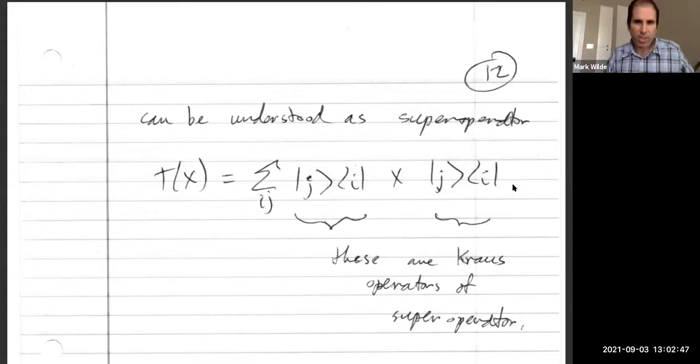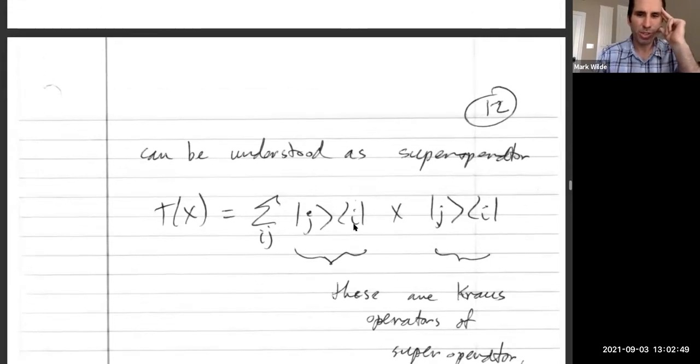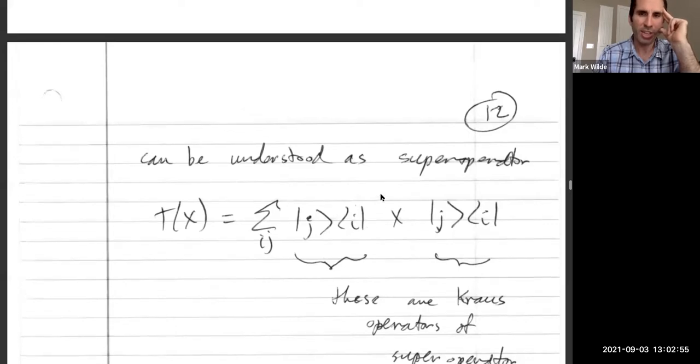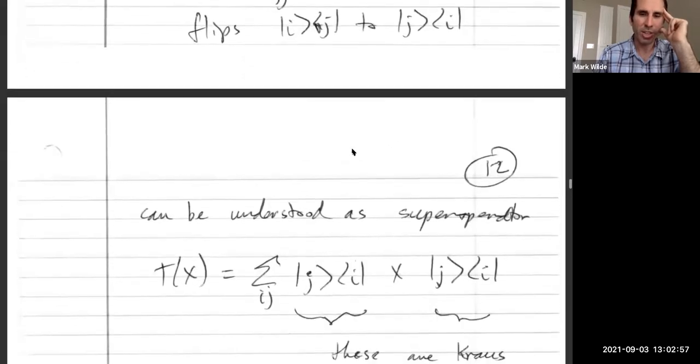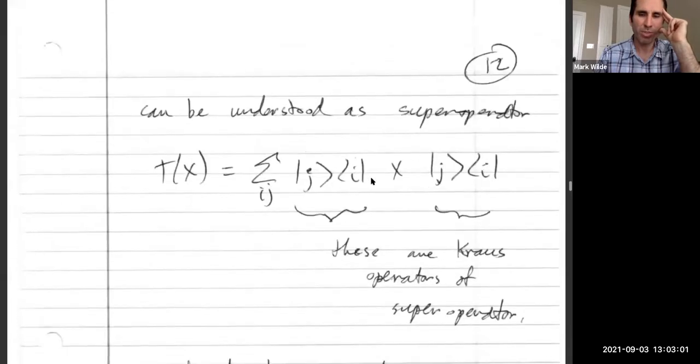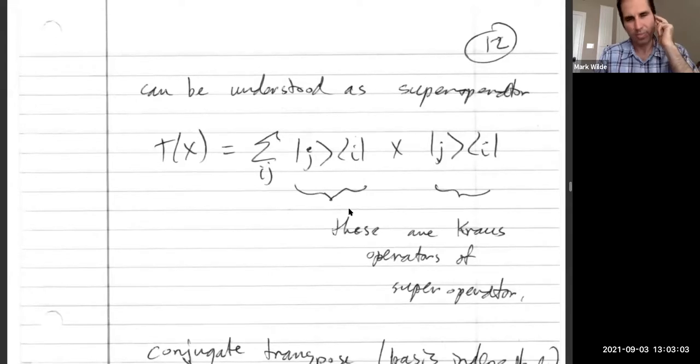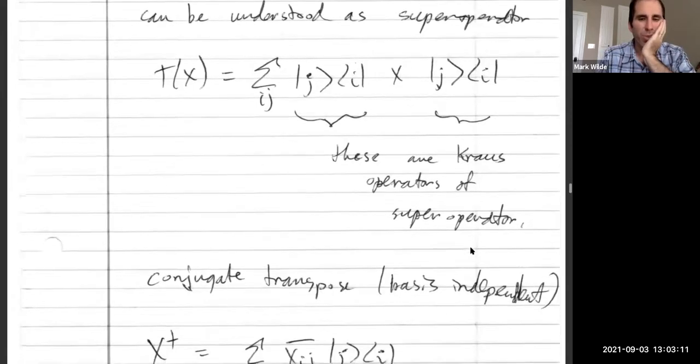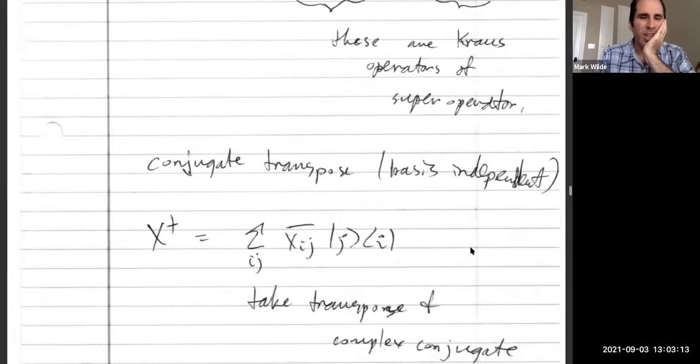And then, if we collapse this whole thing here, it's a scalar, right? X_ij, that's this right here. Then we can identify this expression with this one. Okay. And these are often called Kraus operators of the superoperator. And we'll be getting to those later.